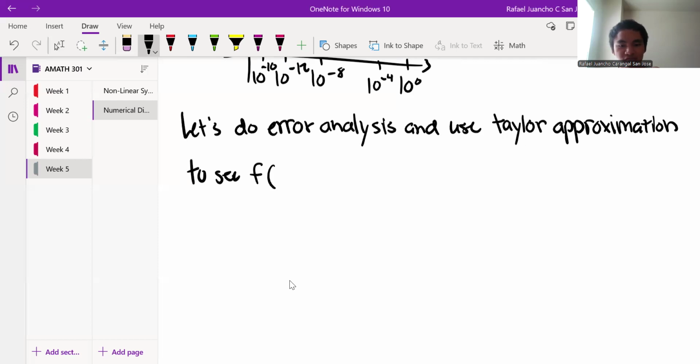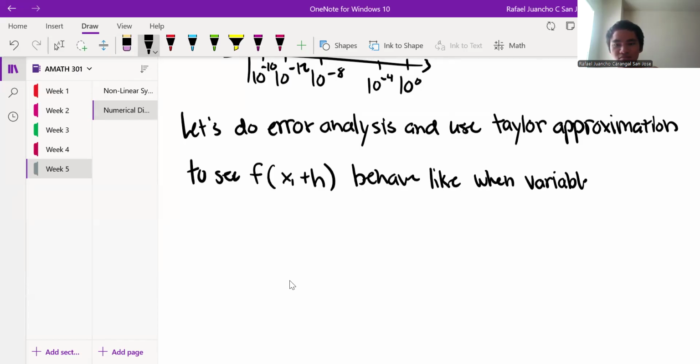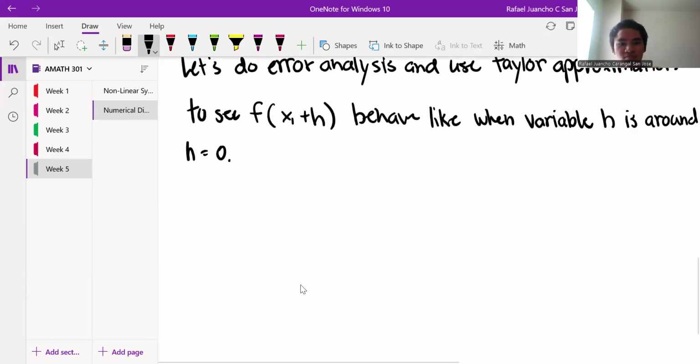Oh, we're going to see how this function f of x sub 1 plus h behaves with variable h around 0. Right, so that's what we're gonna do.